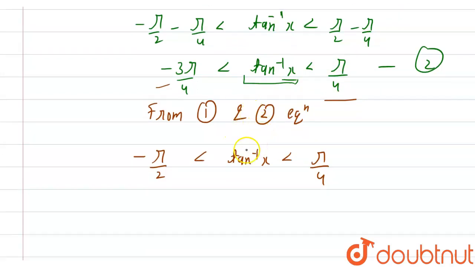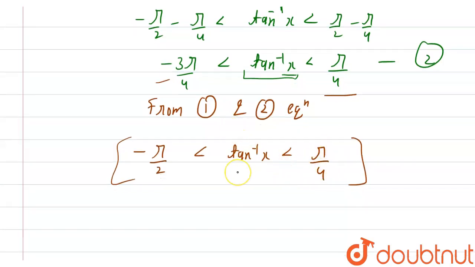So if it is so, the possible value of tan inverse x should be between minus pi by 2 and pi by 4. In the general identity, tan inverse x cannot be greater than pi by 2, but from here we also find out tan inverse x cannot be greater than pi by 4. So we changed that limit from the given identity, which is known to us and is not given in the question.